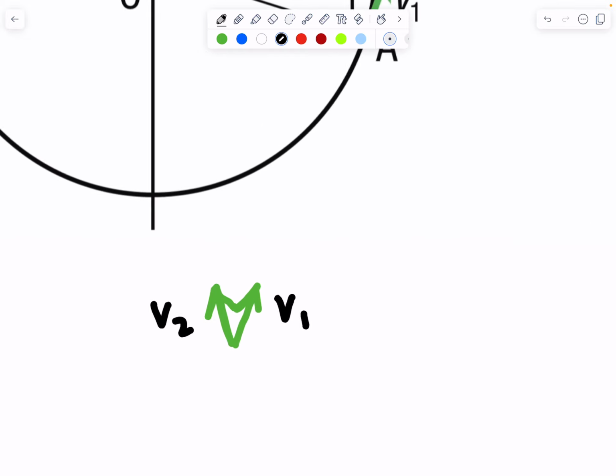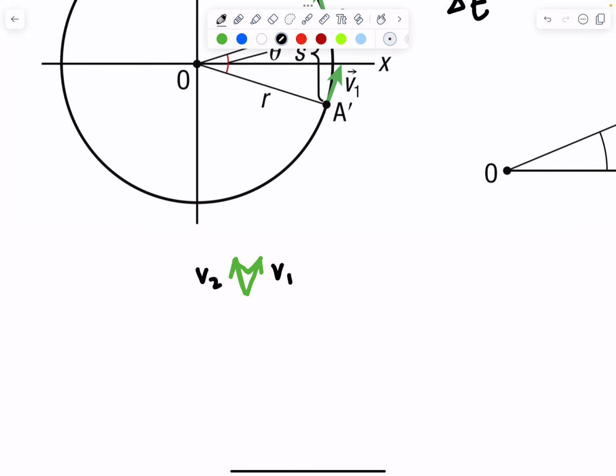If we examine these two vectors and we find the change in v1 to v2, we can solve this in 2 different ways. First, I want you to look at the tail-to-tail method that we discussed in Chapter 2 for subtracting vectors.